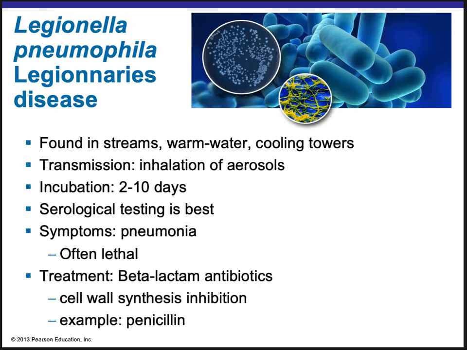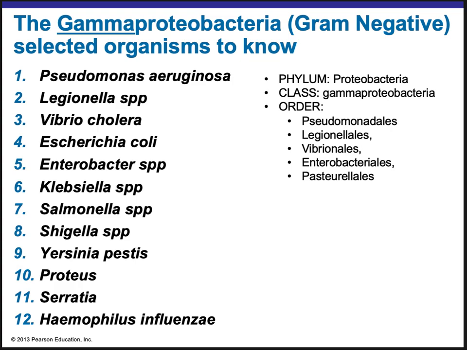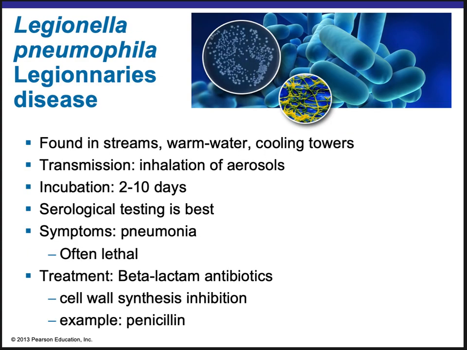Okay, another, so remember gamma Proteobacteria. Legionella is a bacteria that causes Legionnaire's disease. And this can be found in nature, in streams. It can be found in our water systems.